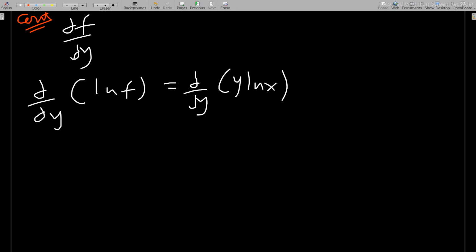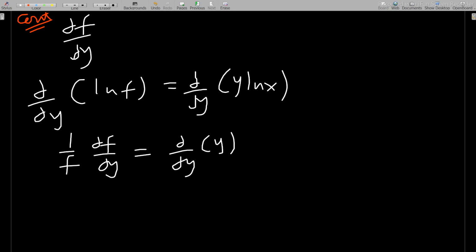Since f is a function of y as well, we have 1 over f del f del y should be equal to del y of y times ln x, because ln x is a constant in terms of y. So I have 1 over f del f del y should be equal to 1 times ln x, so I just have ln x.